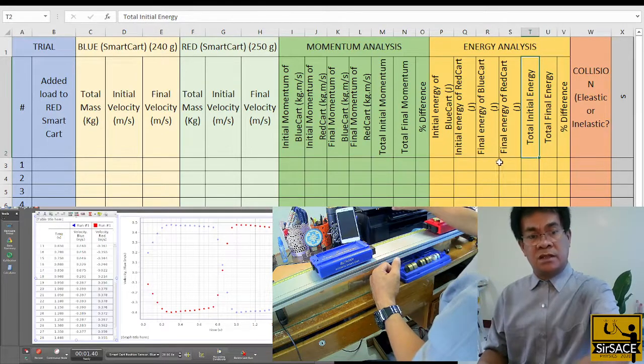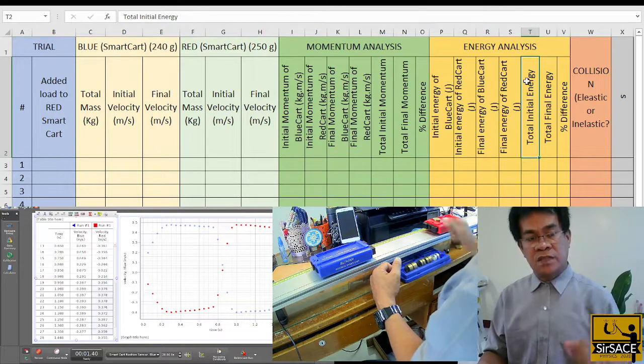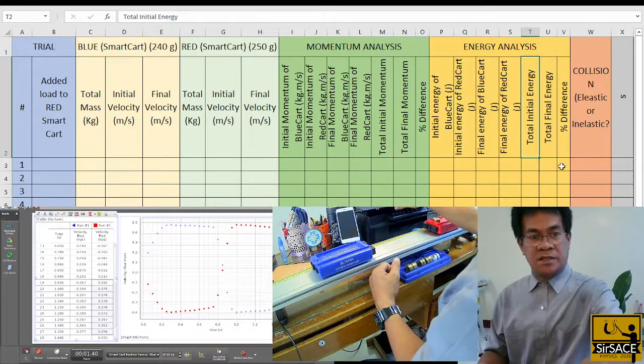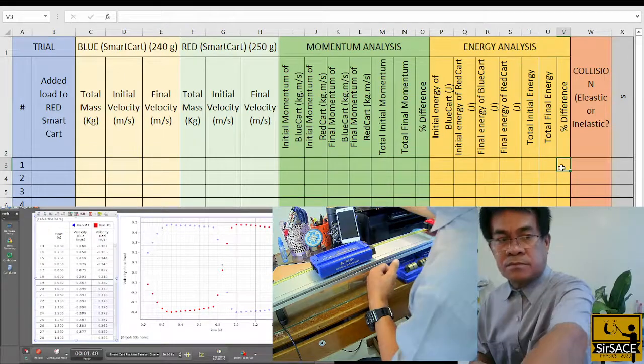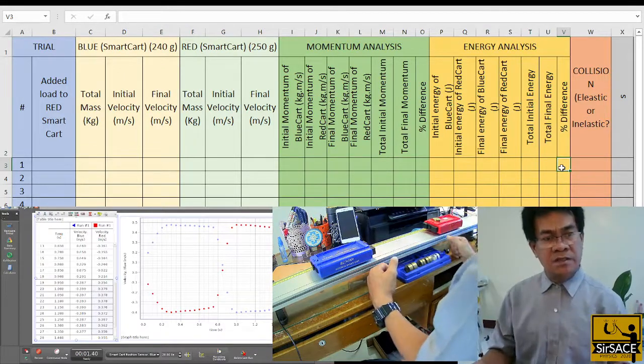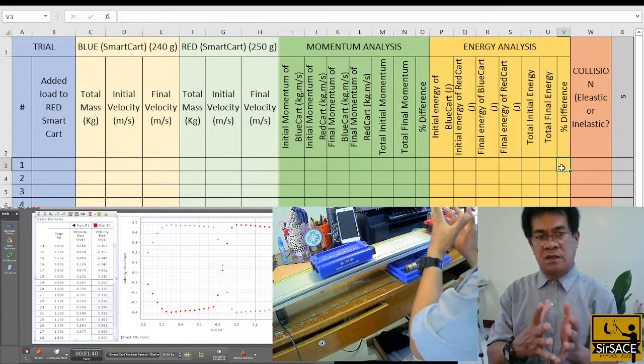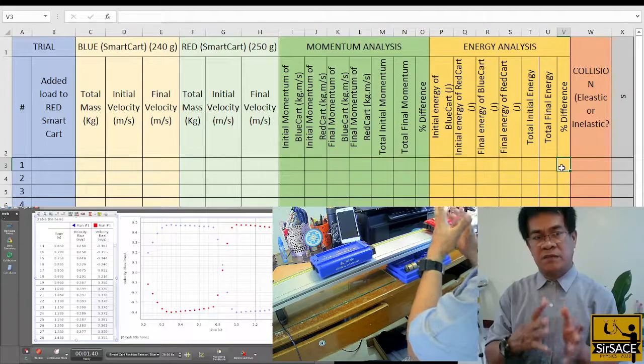Okay, then do it again. So we have now the total initial energy, and we have the total final energy. Then the same, take the percent difference. So it should be the measurement of the final energy away from initial.